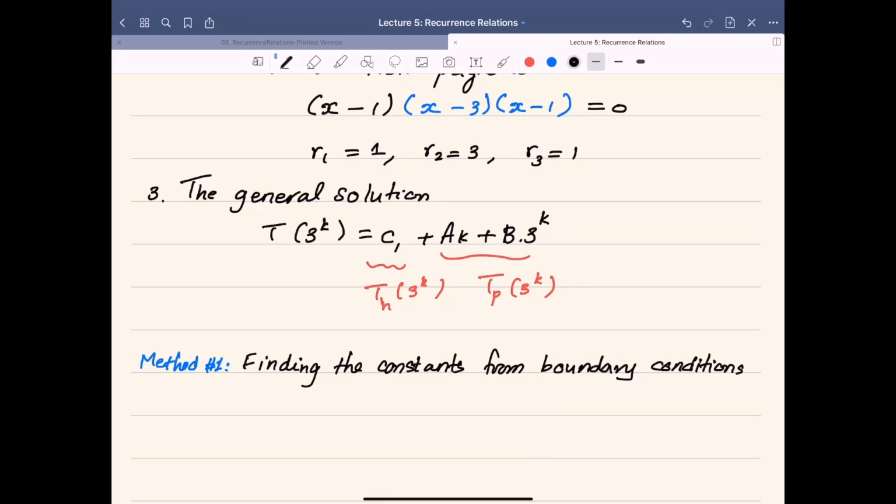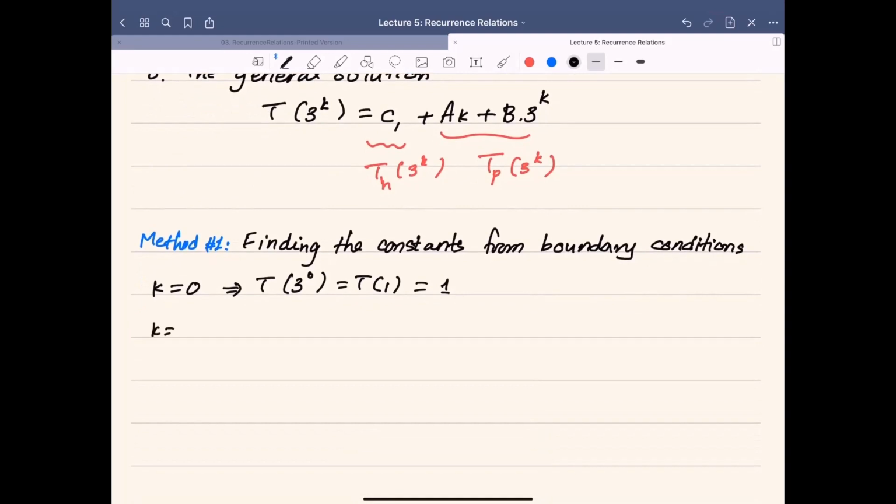And remember that for the recurrence relation we are dealing with, it is in terms of K. So K, if it's equal to 0, then we will have T 3 raised to power 0, which is T1, and T1 is already given as 1.